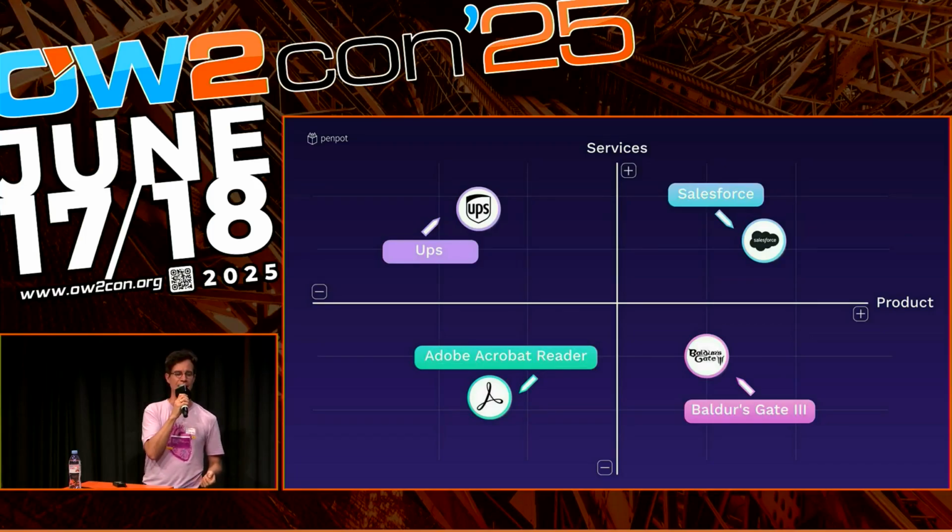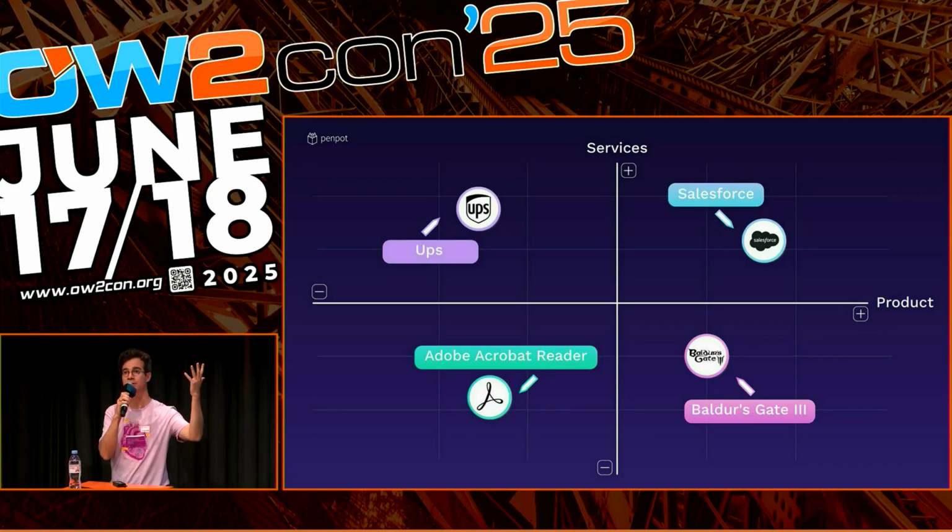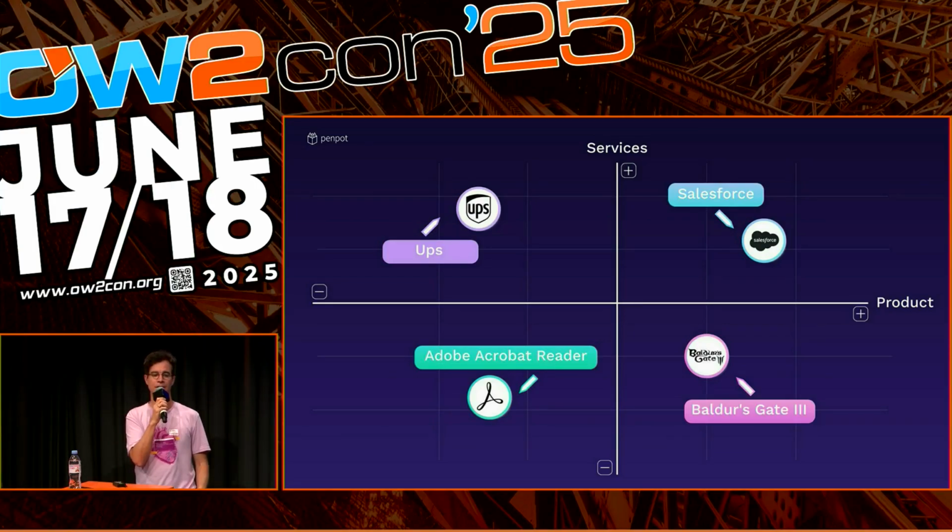You get companies like UPS that do a lot of services, but not much value creation around product. Then you have Salesforce that does a bit of both. Then you have Acrobat Reader, which is basically no value capturing on either product or services.